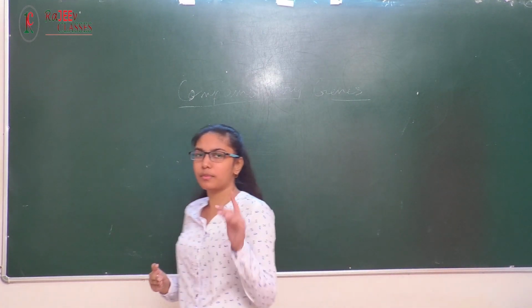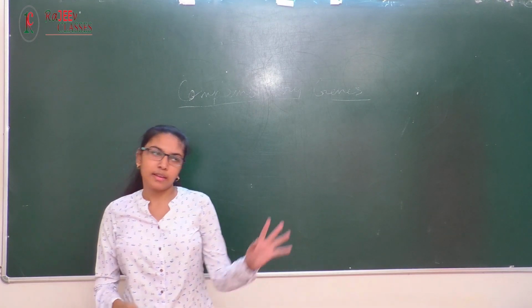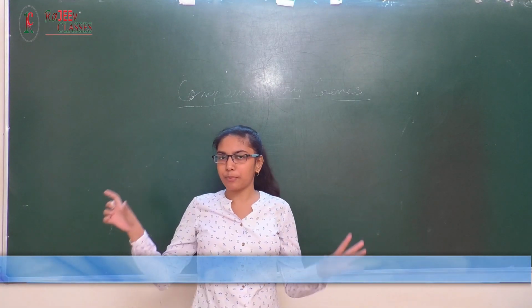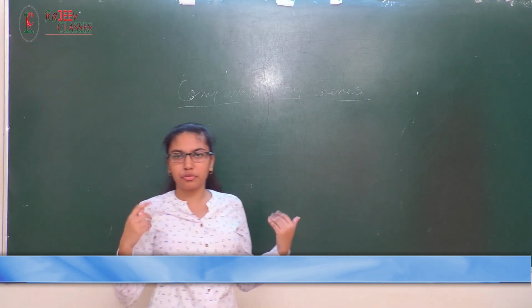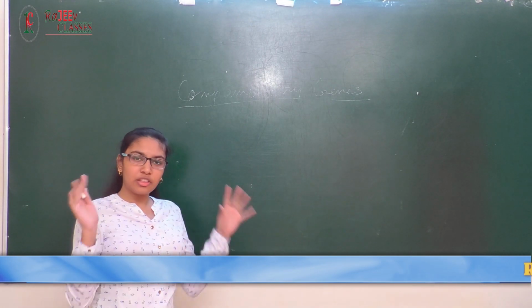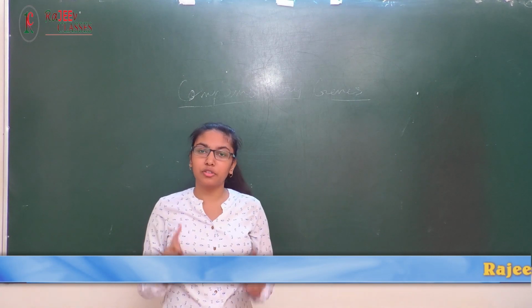What exactly happens in complementary genes? Just like I showed you, there are two separate genes. Each can be in its dominant or recessive form. Each of them gives rise to a similar trait.